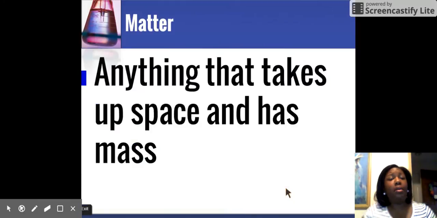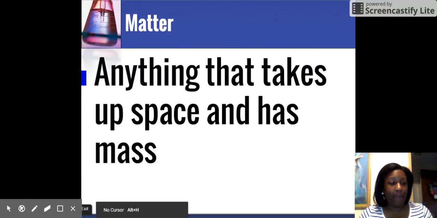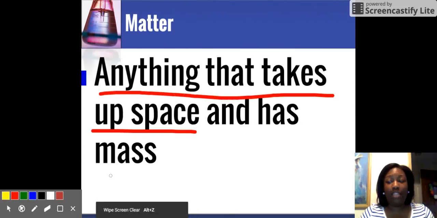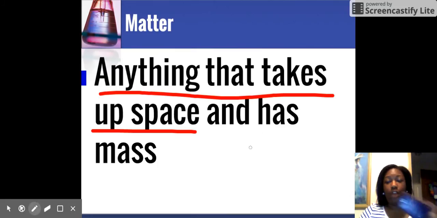All right, so matter is anything that takes up space and has mass, okay? We've learned that in 6th grade. You've learned it at elementary school. It's anything that takes up space, okay? That is our definition. So my phone would be matter, okay?